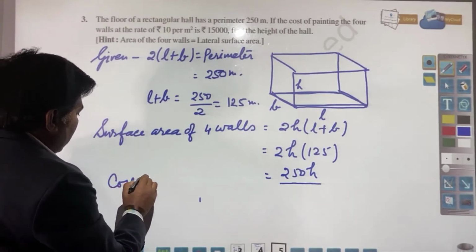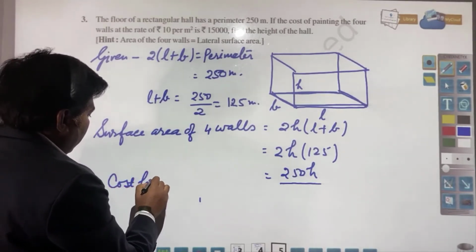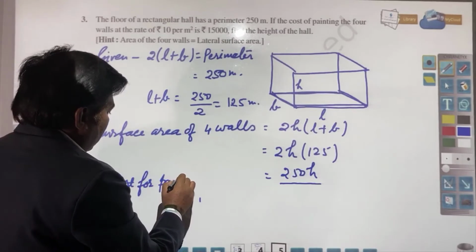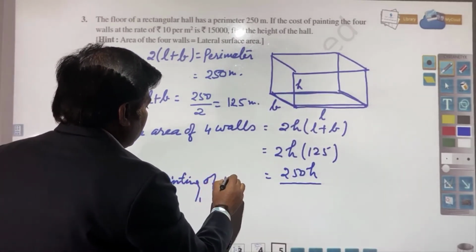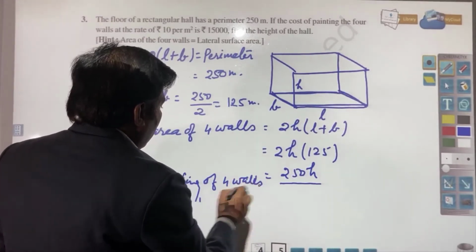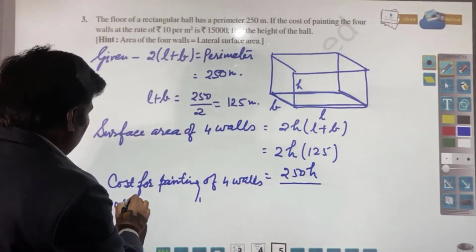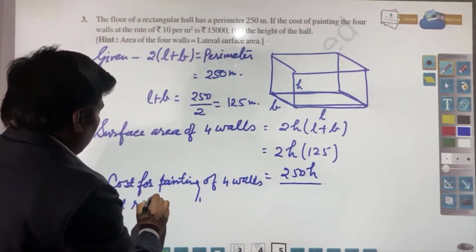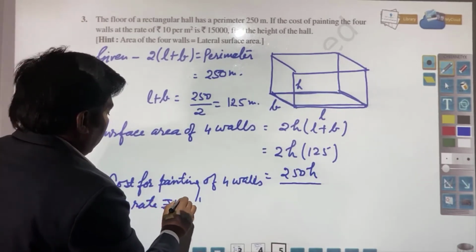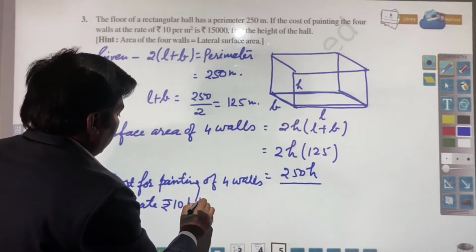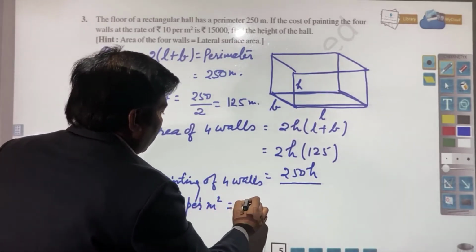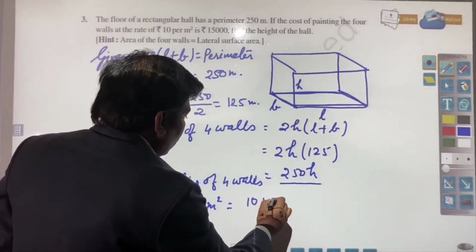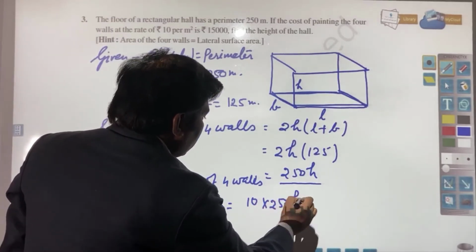So the cost for painting of 4 walls at the rate of rupees 10 per meter square will be 10 into 250H.